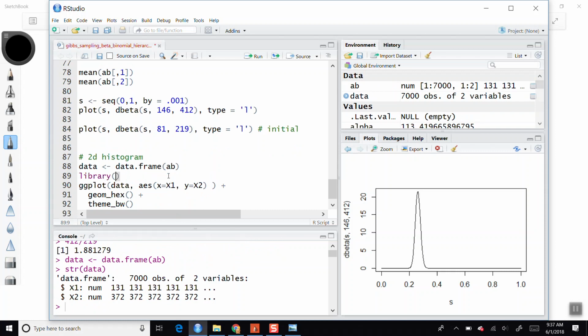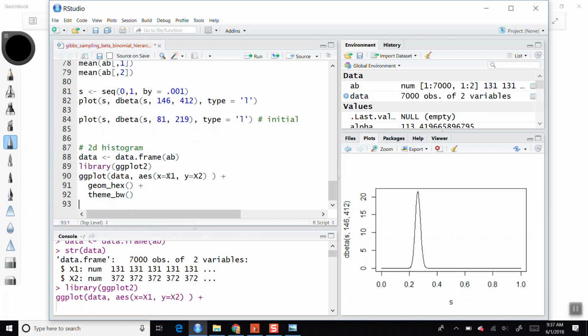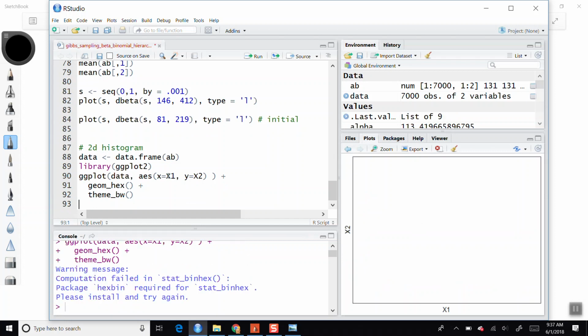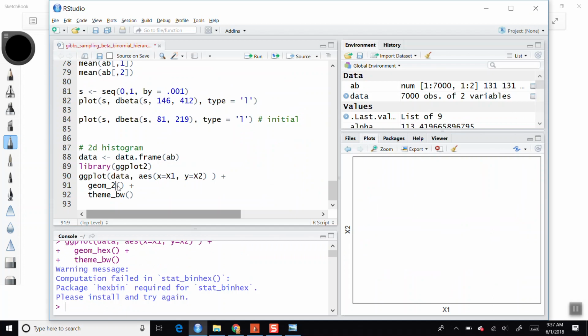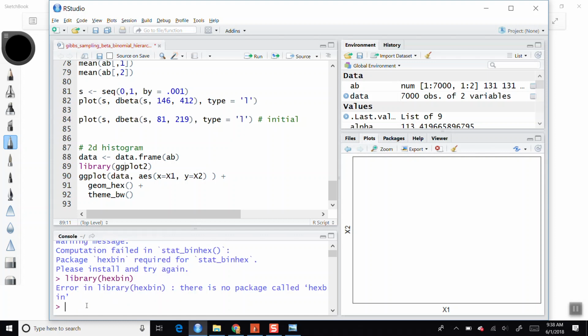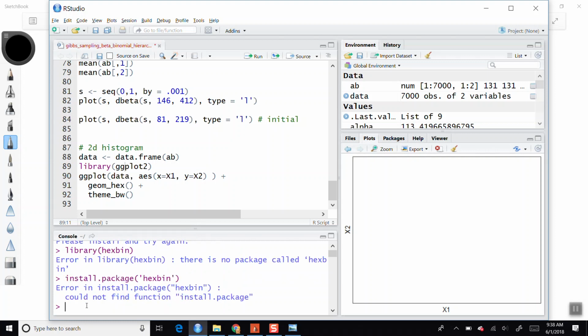Let me create this. Package hexbin. install.packages, am I doing something wrong?